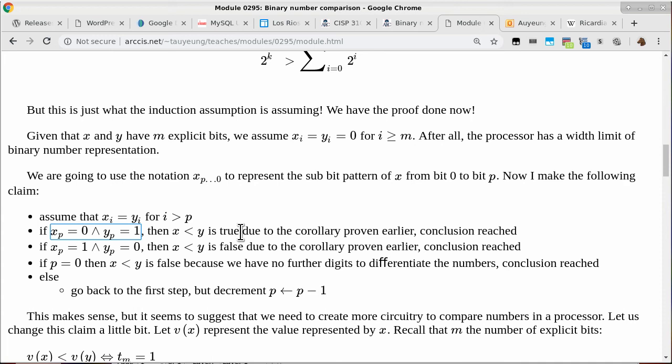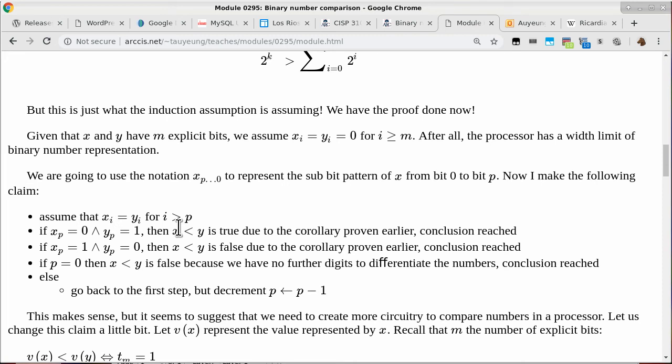Okay. So now we move on to the next case where xp is 1, yp is 0. Then we know x is less than y is definitely false. I can stop right here. I don't even need to look any further because of the same theorem. Is that okay? So the only thing left to do is, what if they're the same? Well, if they're the same, we move p down by 1.